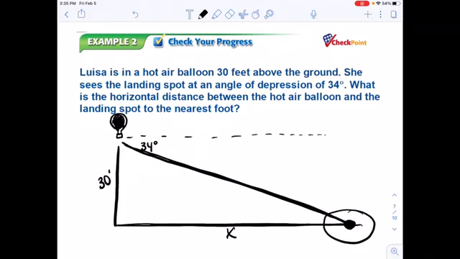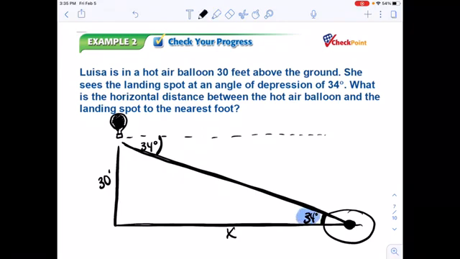So, once again, we have to find a degree inside of the triangle, so we can either find this one or this one. I'm going to do the alternate interior idea this time, knowing that the angle of elevation and the angle of depression are congruent to each other. So this is 34 degrees.